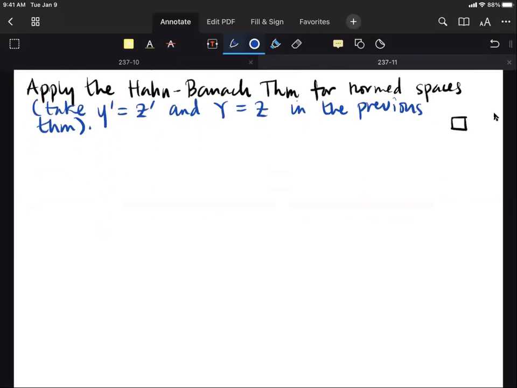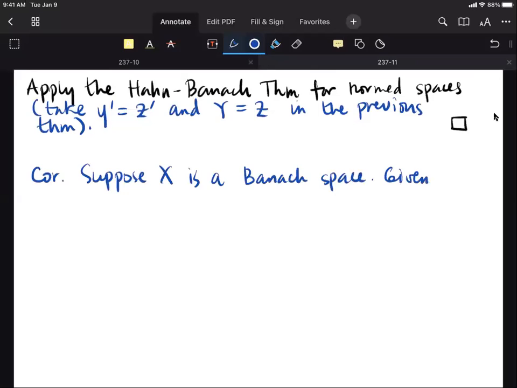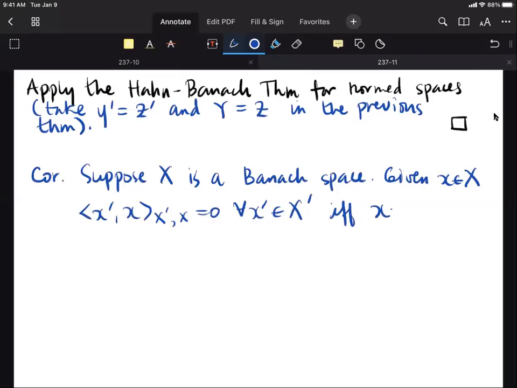And as a result, we now prove our claim. So suppose X is a Banach space. Given x in capital X, this duality pairing is 0 for all x prime in the dual if and only if x is 0.